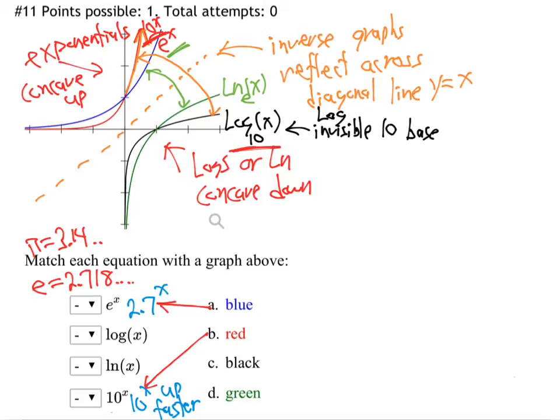So there we go. This green one is ln of x. So the green is ln of x. And then the black one must be log x because of the inverse thing. That's a nice way to handle it. Inverse graphs, not just logs and exponentials, but anytime you have an inverse function, the graph is a reflection across the diagonal line.